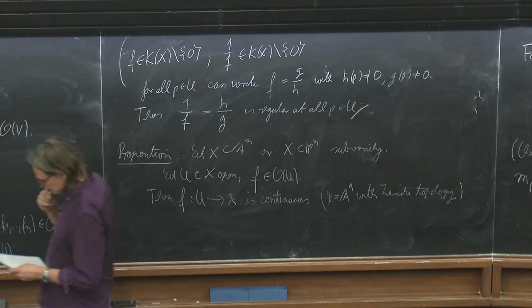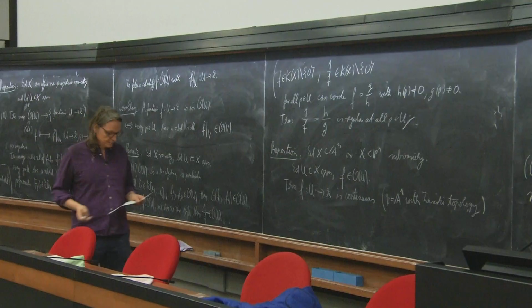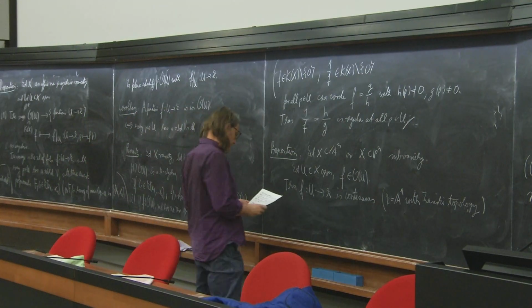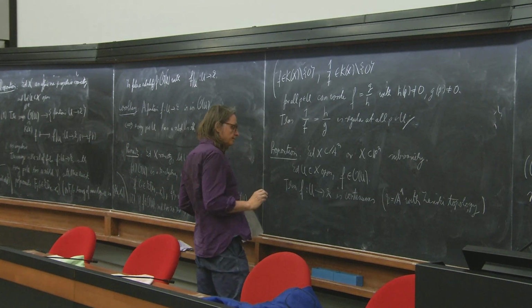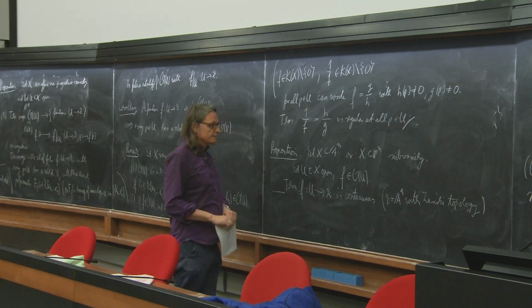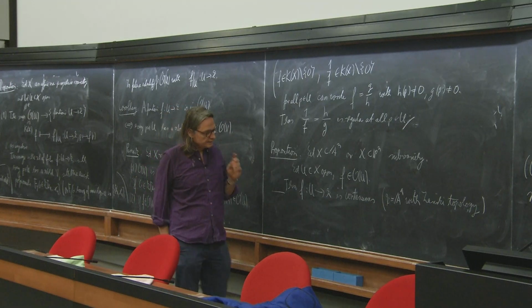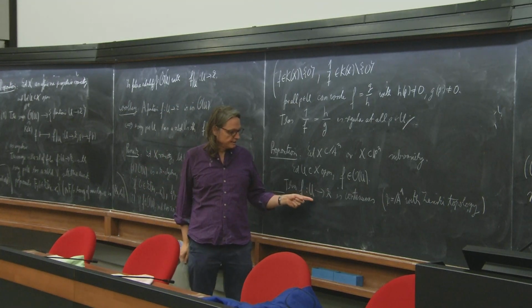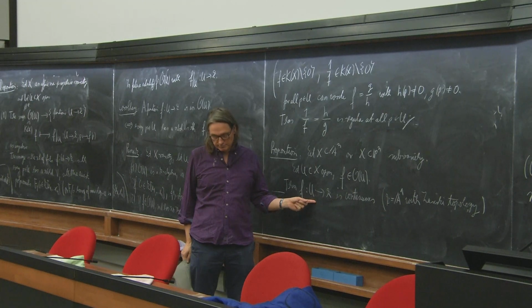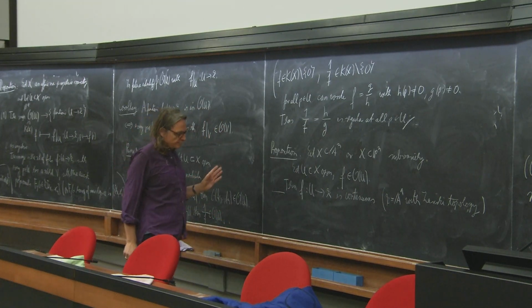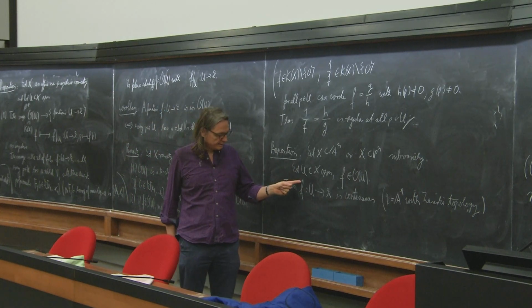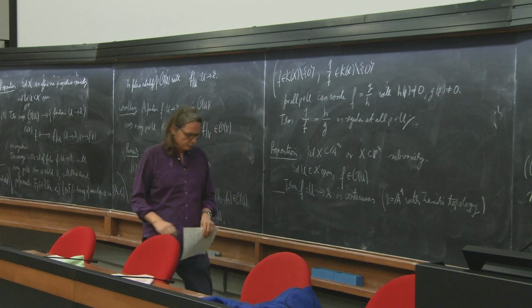Okay, and so in this form, it's relatively easy. Obviously a function is continuous if it's continuous in the neighborhood of every point. So we know that every point has a neighborhood so that we can write f as a quotient of two polynomials. So we can as well assume that f is a quotient of polynomials.